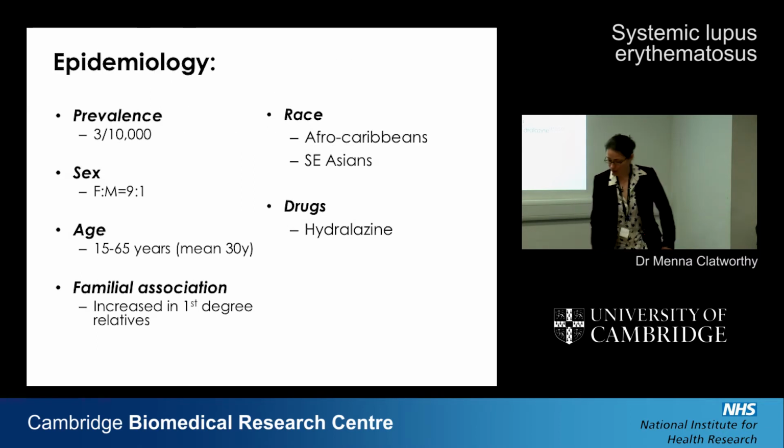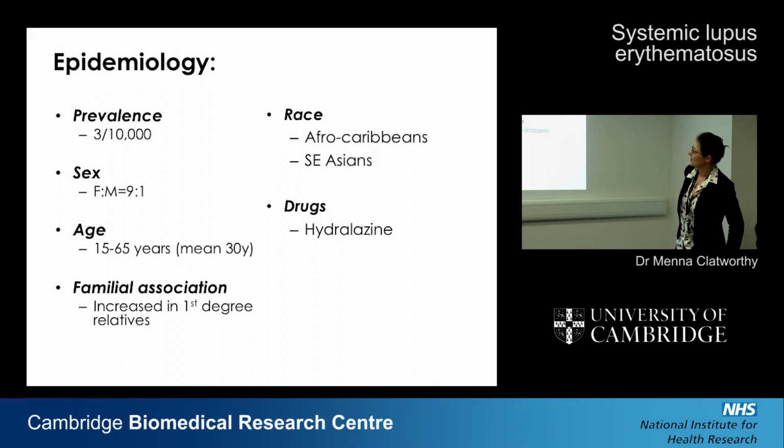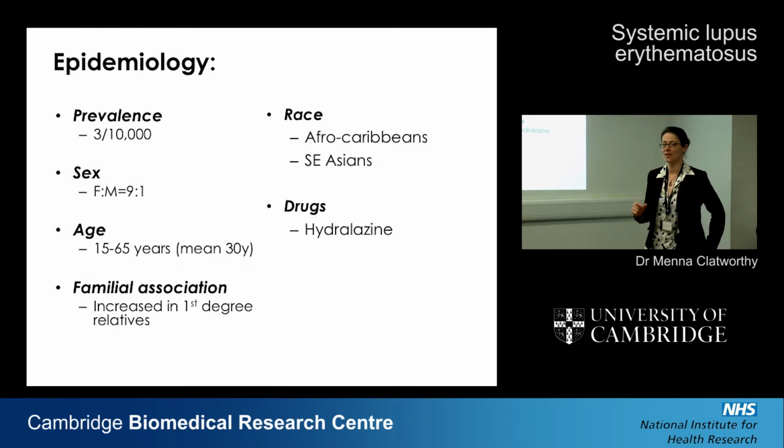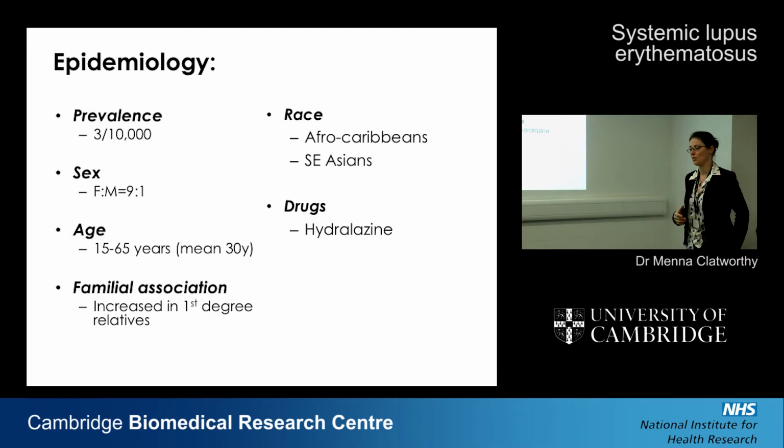So what we now know is that this is a disease, as I said, with a mean age of about 30, but this is a predominantly female disease. Of all the autoimmune diseases, this one has the strongest female association, 9-to-1 female to male. We also know that it's more common in both Southeast Asians and Afro-Caribbeans, but not just more common, but more severe. So they're more likely to have renal involvement and be difficult to treat.